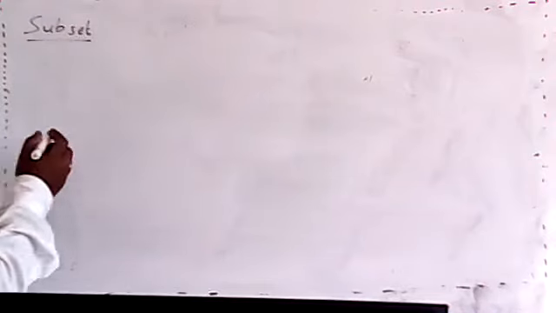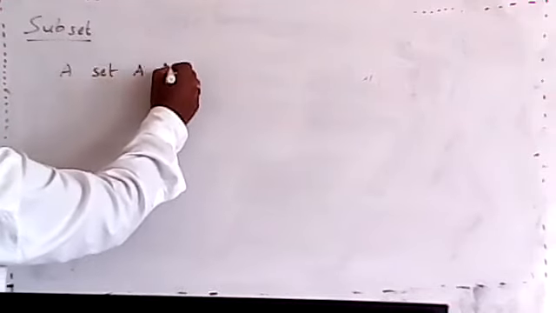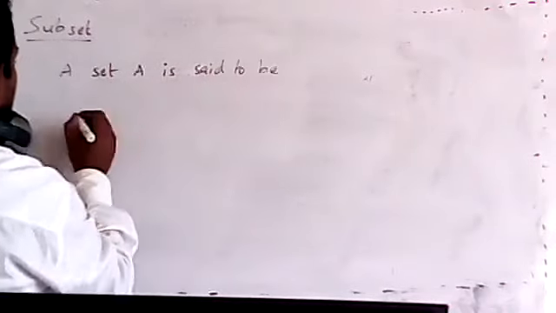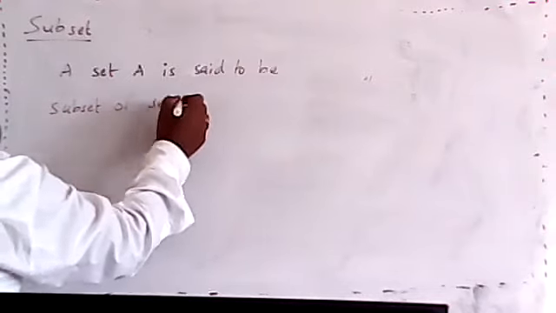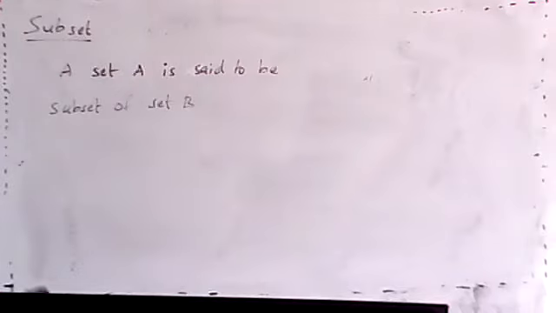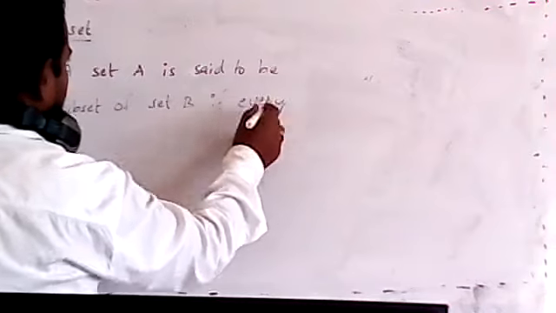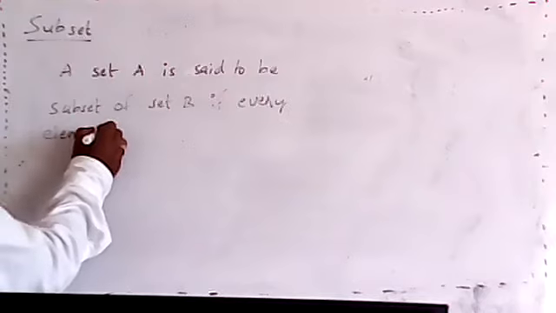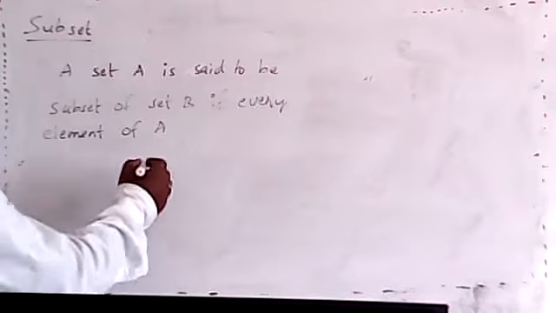Think that there is a set A. A set A is said to be a subset of set B only if every element of A is also an element of B.